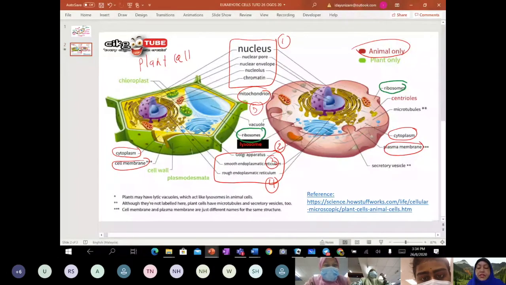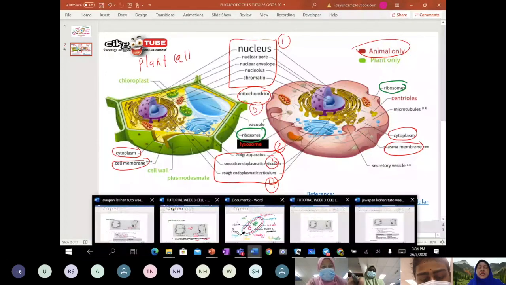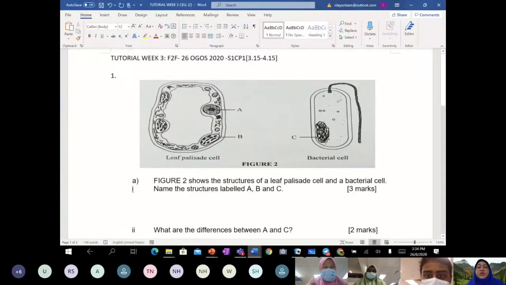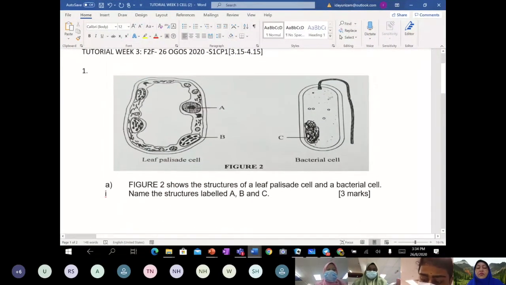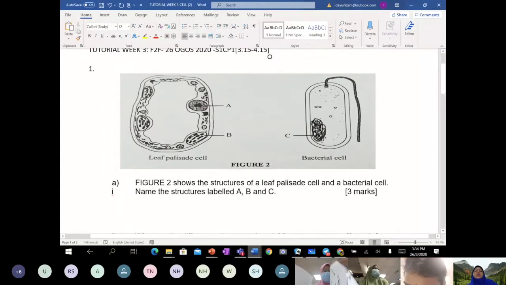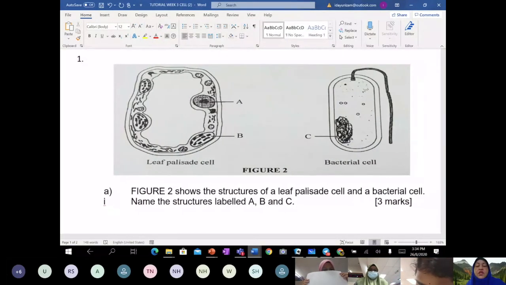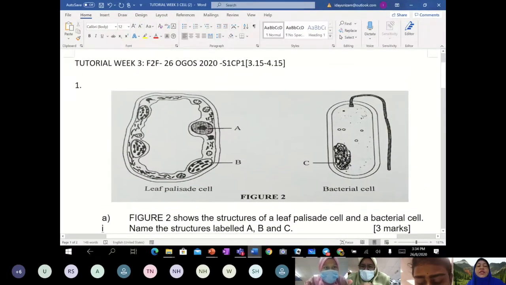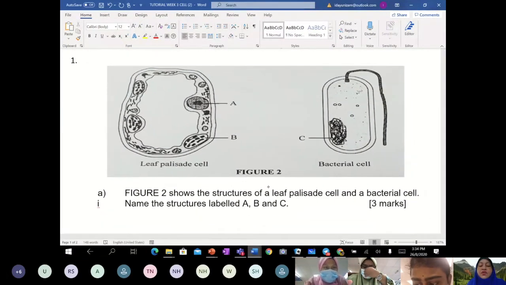Alright, so now let's discuss the question that teacher provided to you just now. Let's look at these two diagrams. This is actually a past year's question. Teacher shares a few past year's questions regarding cells. The question shows a leaf palisade cell.